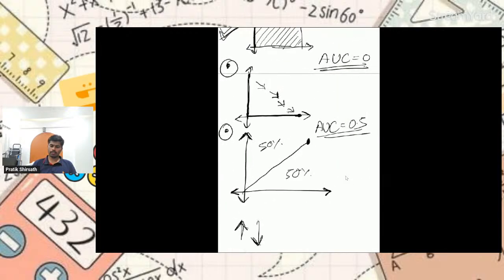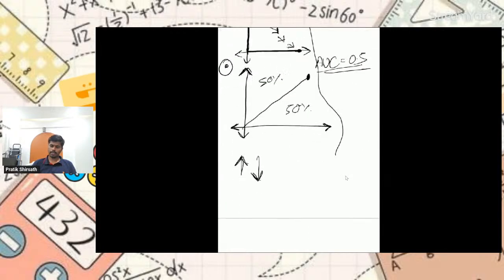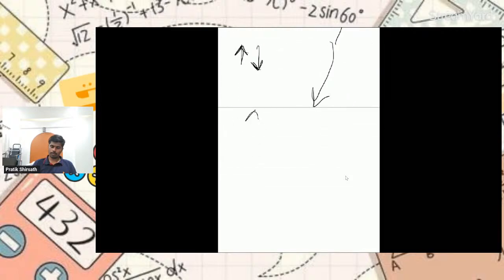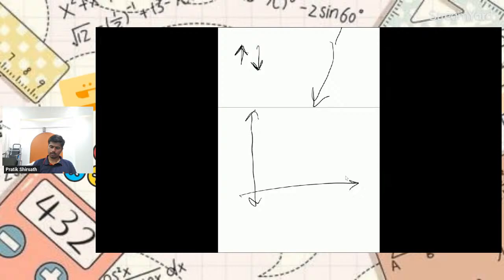So anything that falls under this category, let me take this category forward. For example, if my model is looking like this, if I have a curve here, then here, this is my model's ROC curve. तो तुम देख रहे हो क्या, the curvature जो आया है मेरे ग्राफ को, that is bending towards this side ना.